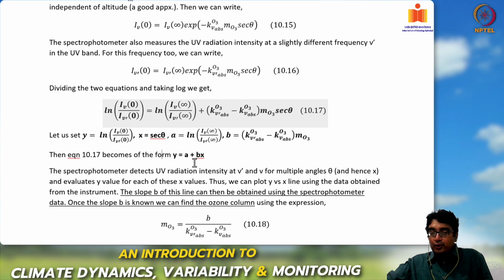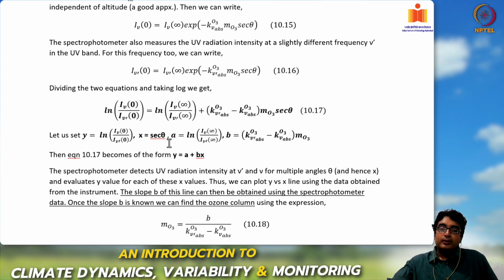Now, what can we measure directly? A, we can get from the solar blackbody radiation intensity spectrum. Okay. So, y is evaluated, a is known, x we can measure because we know the orientation of the spectrophotometer. So, the only unknown is b, correct?